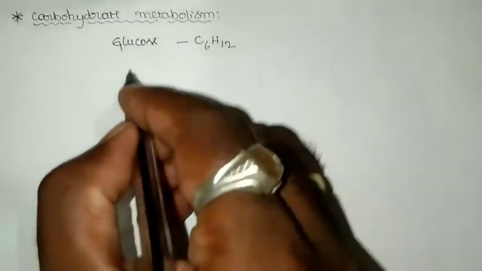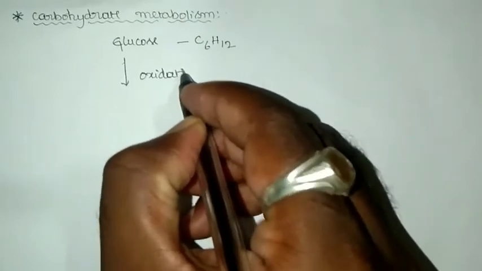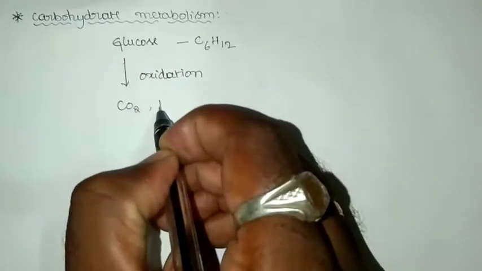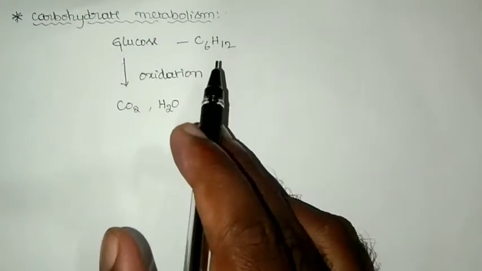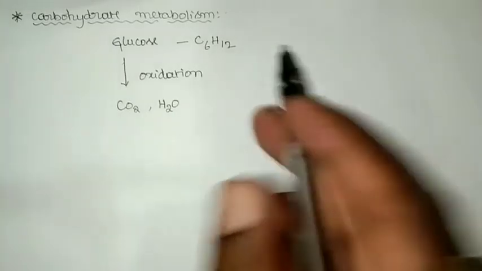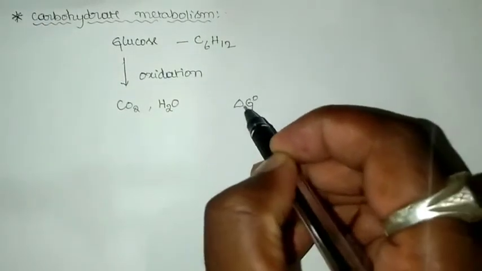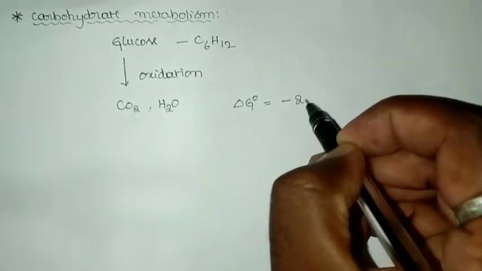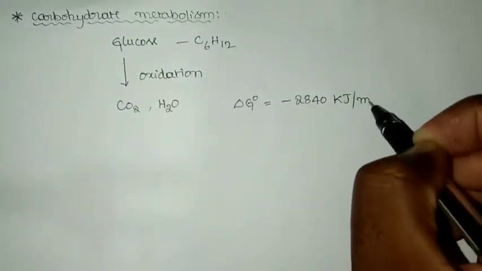When this glucose undergoes complete oxidation, producing carbon dioxide and H2O, that is water, there is a release of a large amount of free energy, strictly speaking standard free energy, given in the form of delta G naught, the standard free energy change, which is of the order of minus 2840 kilojoules per mole.